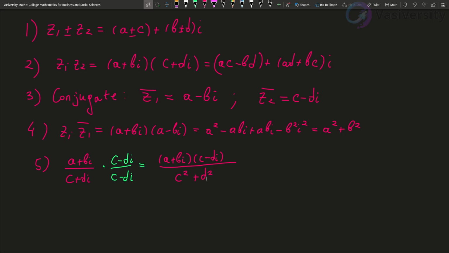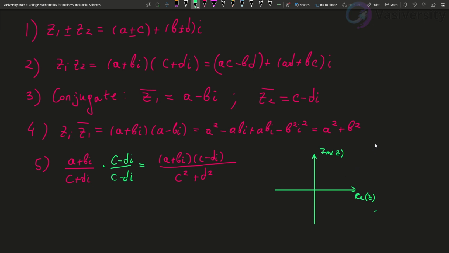All right. And the last part is that the complex numbers can be expressed on the Cartesian coordinate plane. So here we would say that this is the real part, real z, and here we have imaginary z.